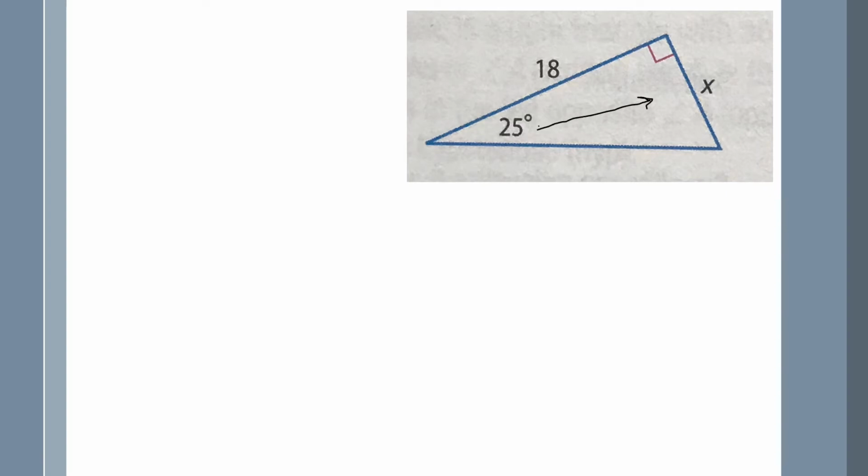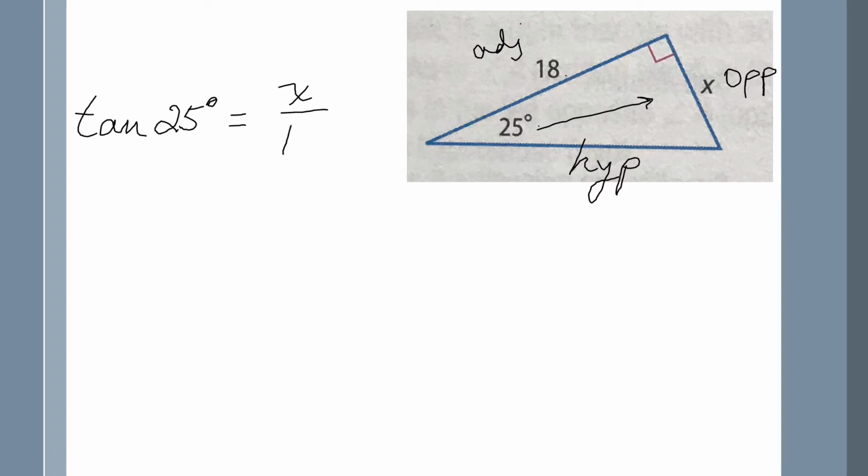I've got an opposite, and I've got an adjacent. And here's the hypotenuse. Well, I don't have a hypotenuse, so that means we can't use sine or cosine, so we're going to use tangent. So the tangent of 25 degrees equals opposite, which is x, over 18.